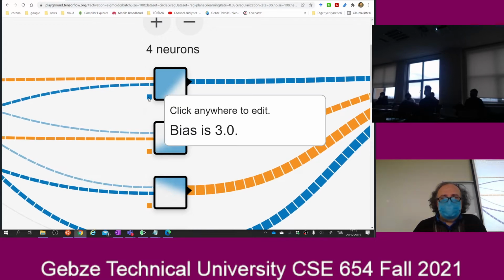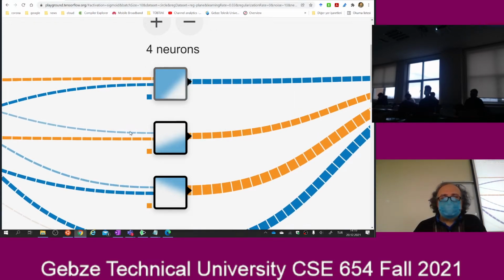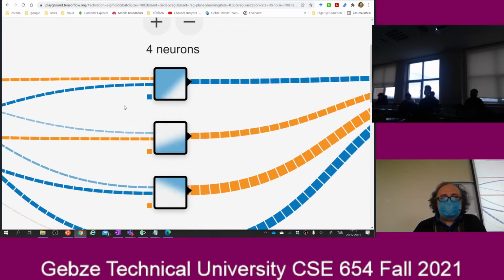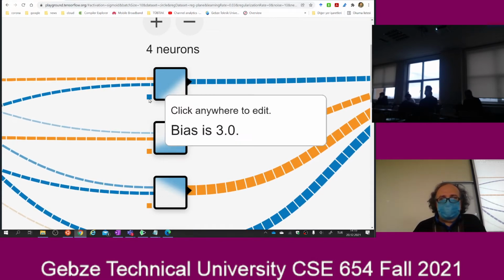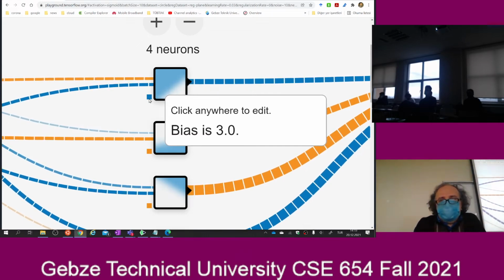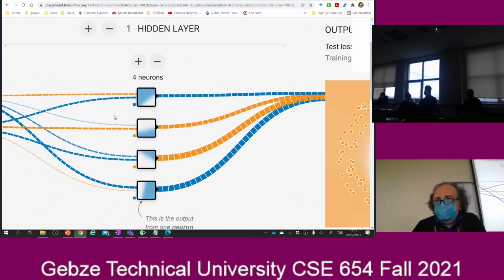How about that blue one here? 1, 2. It looks like it has 3 inputs. What is that blue line? Well, I'll say bias. So, Usama, this is your answer. That's the bias for each node. So it has 1, 2, and 3.